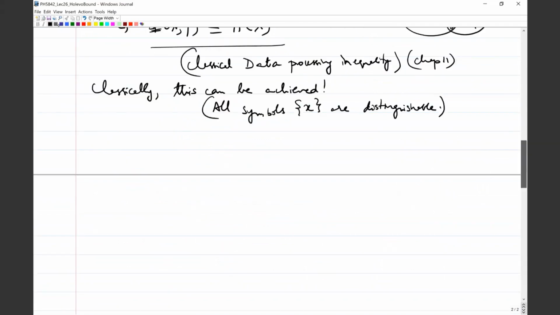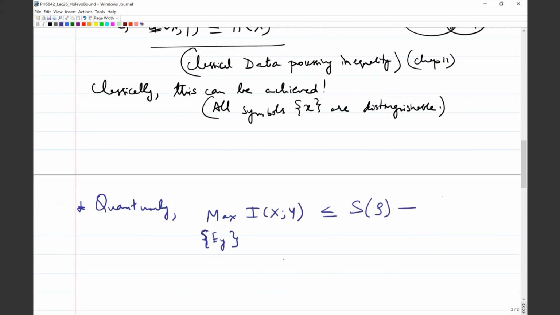It says that quantumly, this quantity, which is maximum over all POVMs of this classical mutual information between the sender and the receiver, is upper bounded by this quantity, which is S of rho minus sum over x px S of rho x, right? So for a given ensemble, this is what is called the Holevo bound.